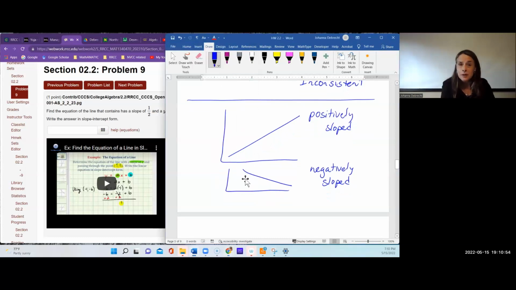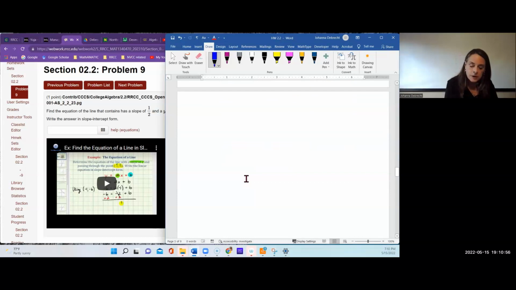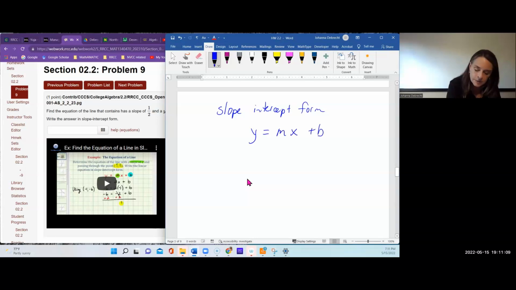Well, what is slope-intercept form? Slope-intercept form looks like this. y equals mx plus b, where m is equal to the slope of the line. If it is an uphill slope, it's positive. If it's a downhill slope, it's negative.